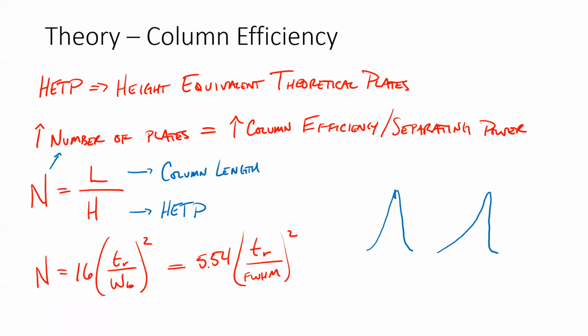You can tell that the peak really should be here-ish, but it's not for some reason. So using that baseline width, it's probably going to mess us up. But if we use the full width at half max, it's going to be much closer to what it should actually be than that baseline width. Okay.